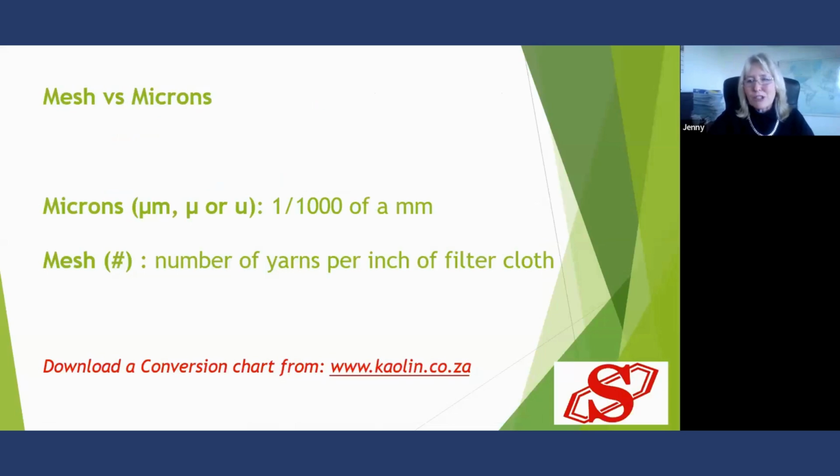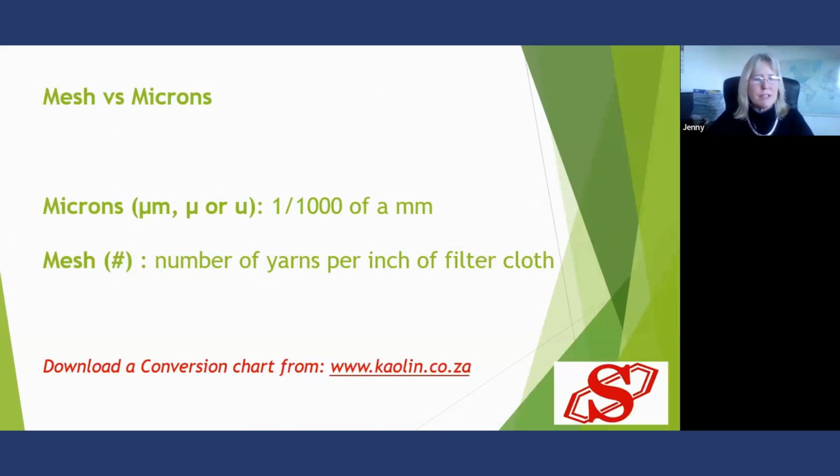Right, talking about particle size, the problem with data sheets is not everyone measures everything the same way. And sometimes you get the particle size reported as microns and sometimes as mesh sizes, especially these minerals from India and China, where the mesh size is often given, not a micron size.